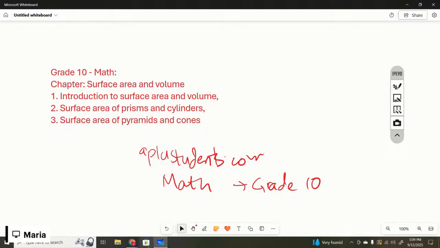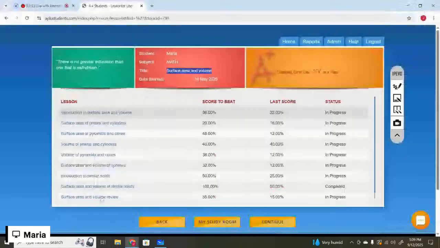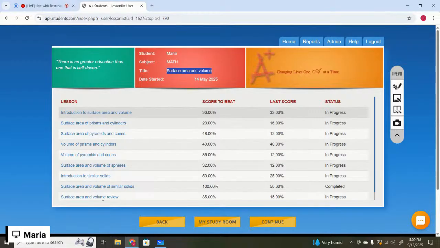Here I'm on grade 10 math. The chapter we're on right now is surface area and volume. Let's just start with the lesson: introduction to surface area and volume.